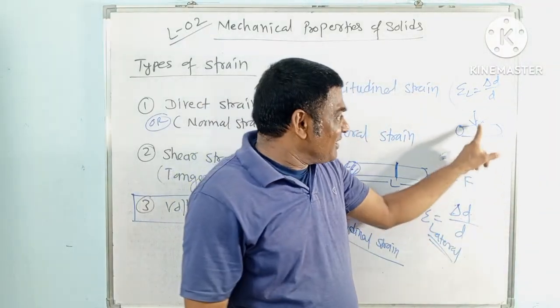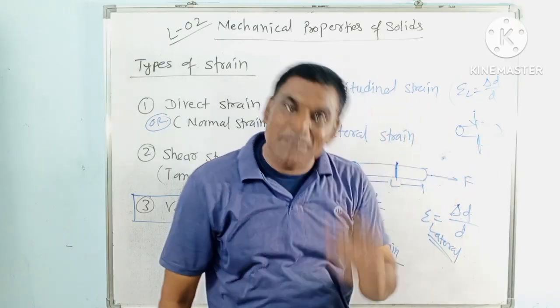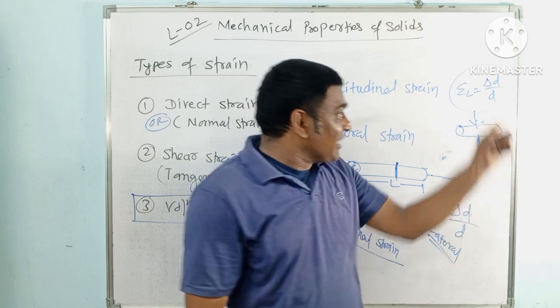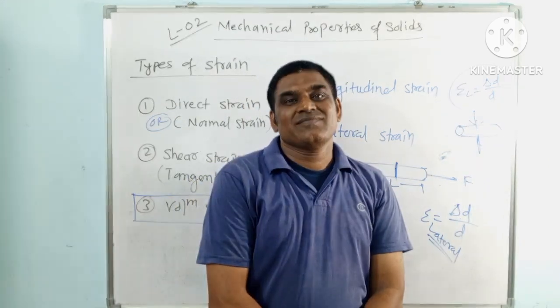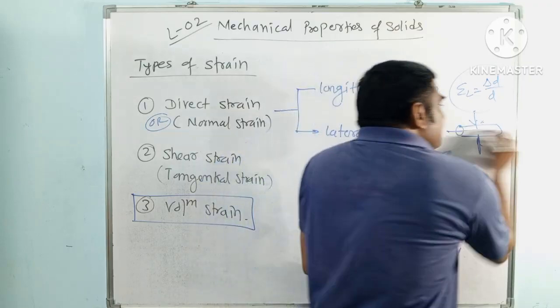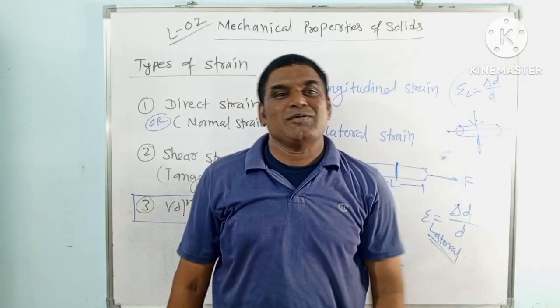Because the dimension along the force is the diameter, and that we have to consider as the length, and that will give you longitudinal strain delta d by d. And the length is perpendicular, so length we have to consider as a lateral dimension.